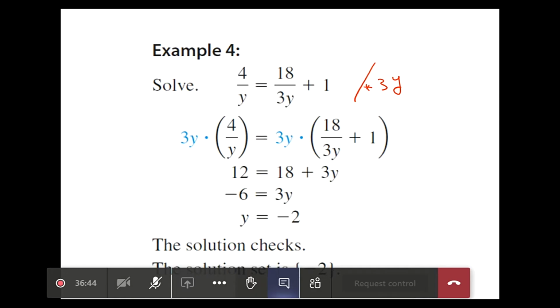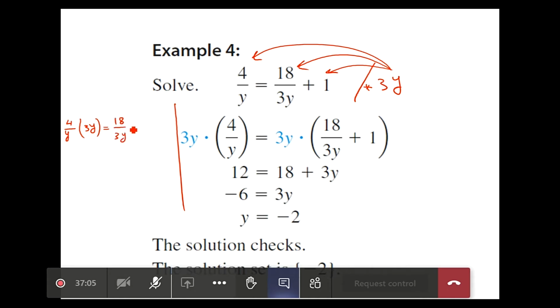What does the equation become? The equation becomes: multiply 3y with each term. So we have 4 over y multiplied by 3y, equal 18 over 3y multiplied by 3y, and 1 multiplied by 3y.